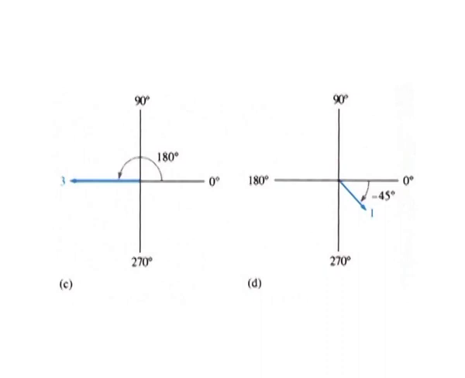The phasor in part D has a magnitude of 1 and a phase angle of minus 45 degrees or plus 315 degrees. Notice that positive angles are measured counterclockwise from the reference and negative angles are measured clockwise from the reference.